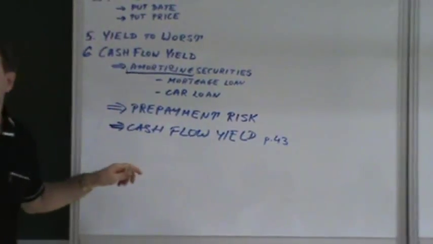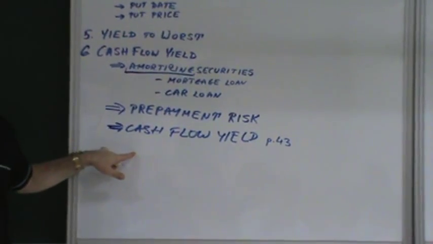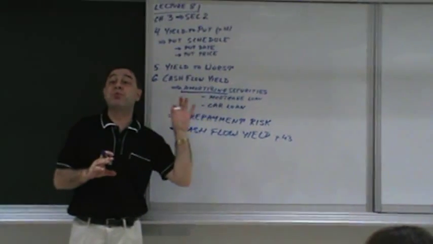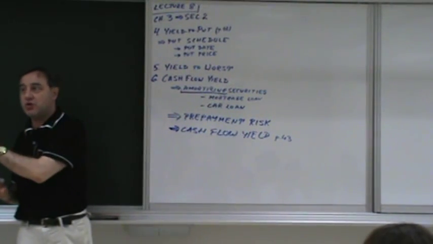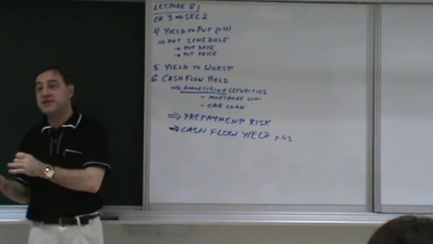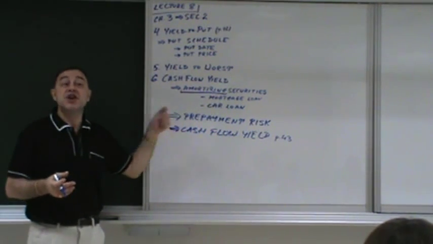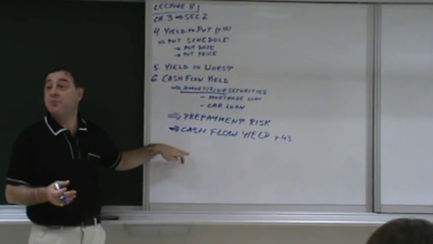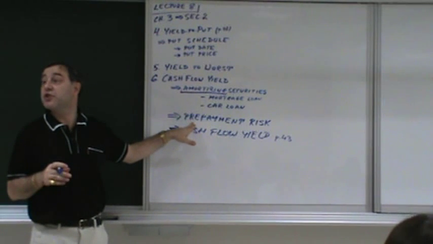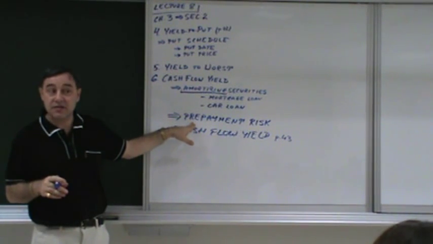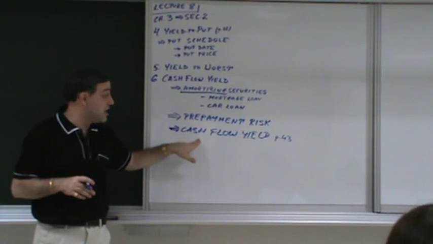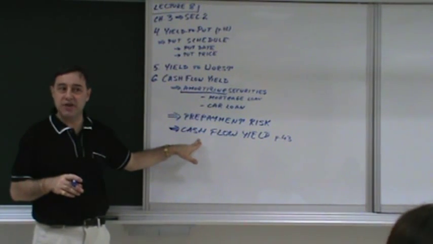This is basically the yield or the interest rate which will make the projected cash flows of the security equal to the present value. In other words, you will have to make a projection of the cash flows. You will have to project the prepayment, and based on that, you will be calculating the cash flow yield.